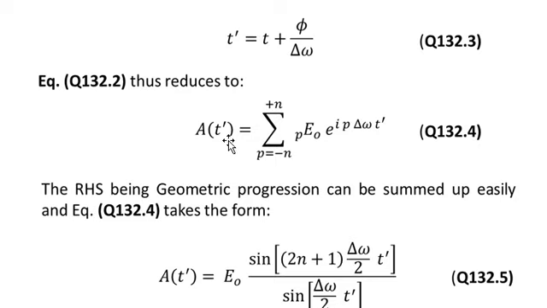So A of t prime is equal to the summation from p equal to minus n to plus n of E naught e to the power iota p delta omega into t prime. So this has enabled us to simplify the calculations, and also we can write it in the form of a single exponent with the use of t prime, because now t prime contains the information of the phase of the wave also. And since the phase is constant, we have written it in the form of t prime.